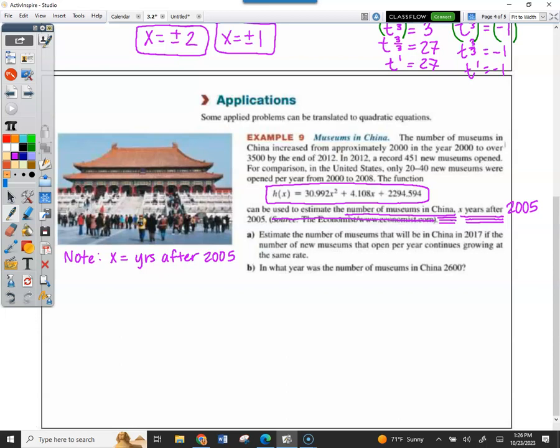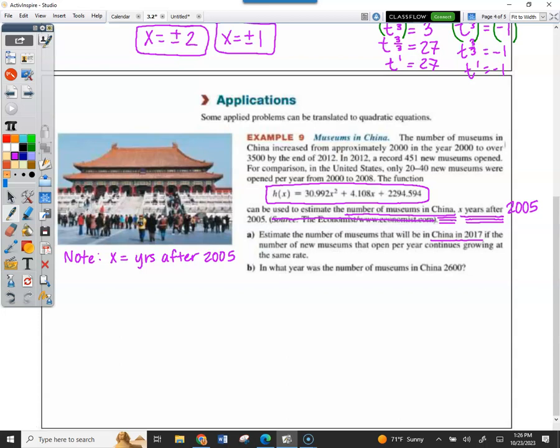Now, they told us that the function represents the number of museums in China. They told us what X is. They gave us some type of record for how many opened in the U.S. Estimate the number of museums that will be in China in 2017 if the number of museums that open per year continues growing at the same rate.